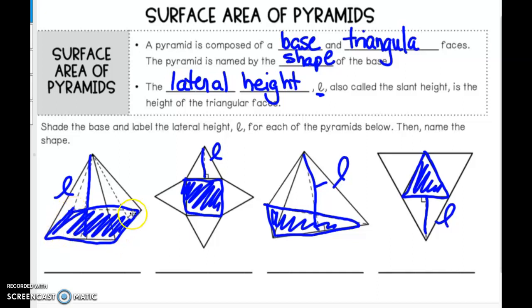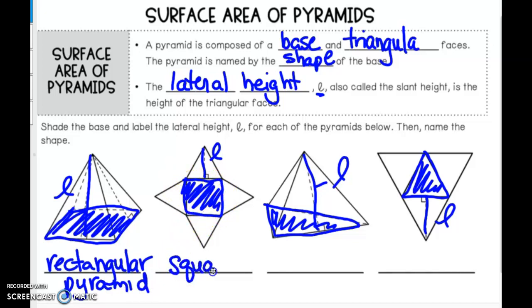So this is a rectangle, and we know it's a pyramid because it only has one base and it has triangular faces. So this is a rectangular pyramid. This is a square in the middle, so this is a square pyramid.